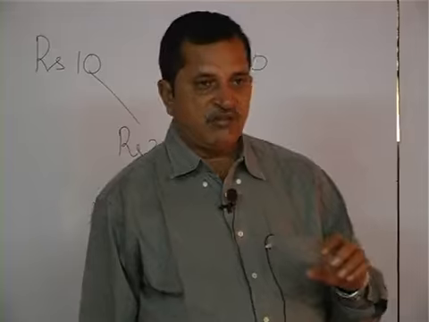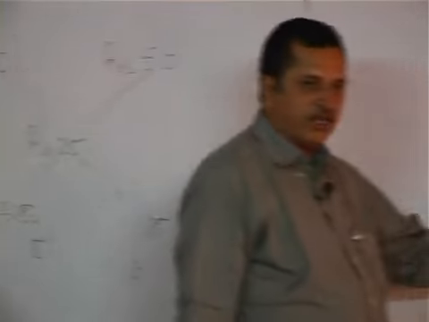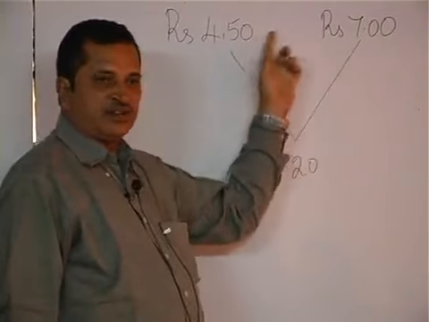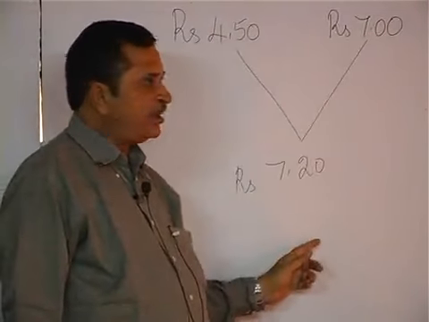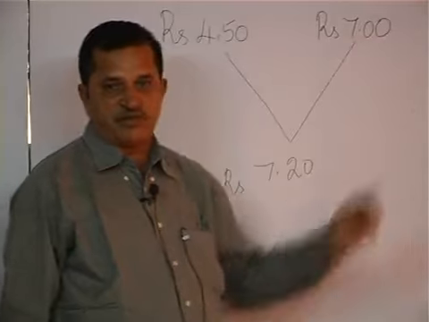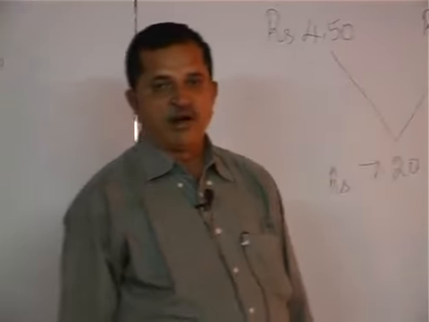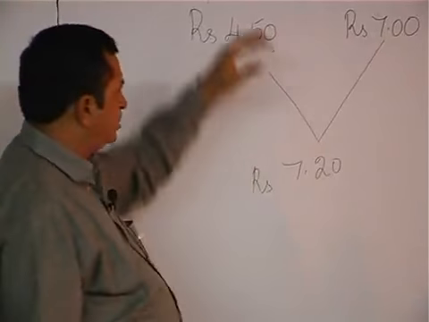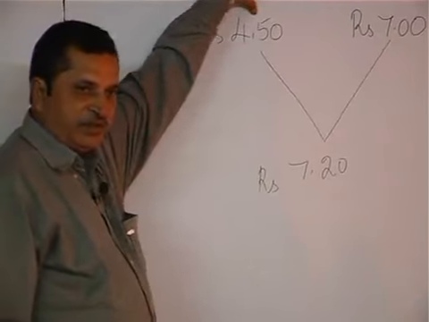Observe one thing, mean value means, here we are taking the mean value. The mean value should lie between these two values, is it not? But this 7.20 is more than this 7 rupees. One variety of rice is costing 4 rupees 50 paisa.